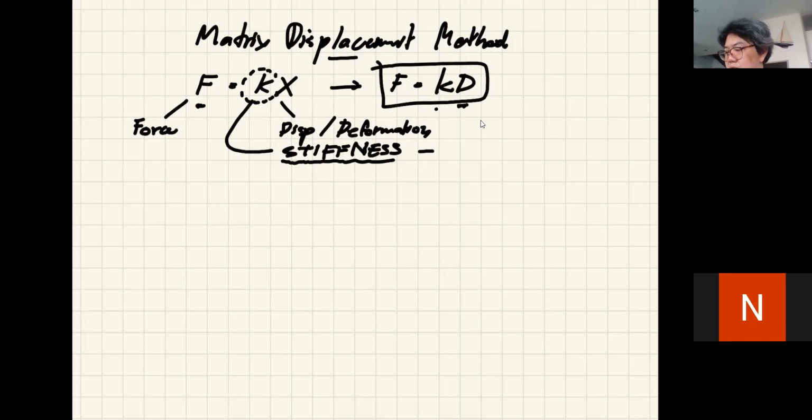Because, mark my words, it's the quality that relates deformation to the force. And you can guess that depending on the system, you should always have the stiffness that corresponds to the force.